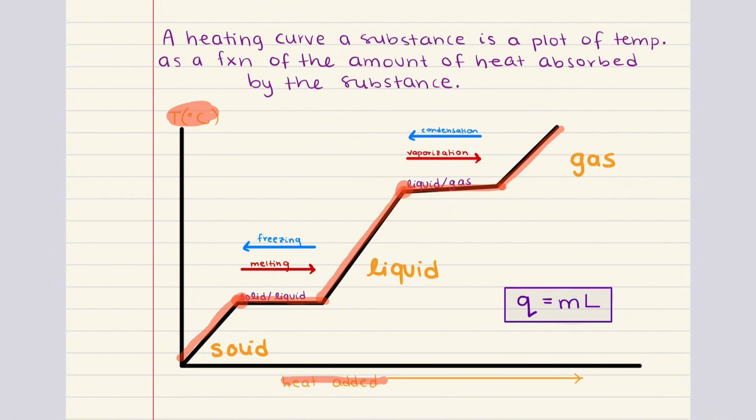Now, the key takeaway from a heating curve is the distinction between temperature increases, where the substance remains in the same phase and its kinetic energy increases. We see that in the following segments in our heating curve. And then phase transitions, where the substance changes phase and the energy is used to overcome intermolecular forces rather than increase temperature.